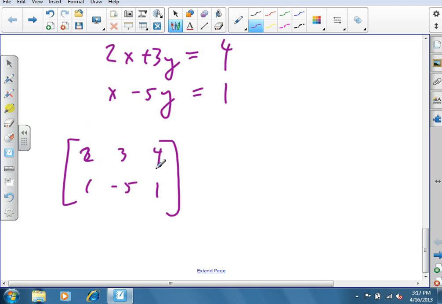Then I could do elementary row operations on the matrix until I have an identity matrix sitting right there, 1, 0, 0, 1. As soon as I do, then my answer to x and y is sitting over here, x and y. Okay, so have you solved simultaneous equations that way?